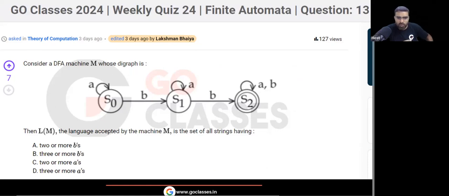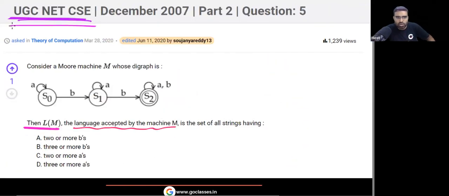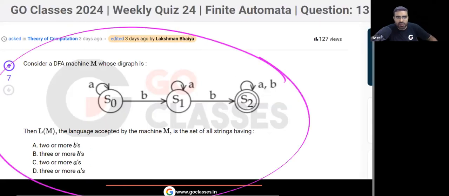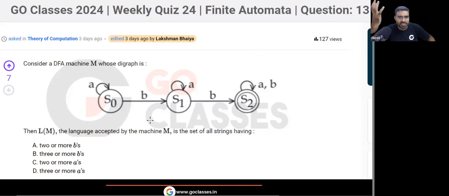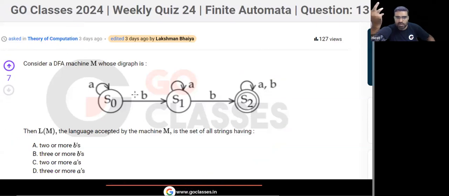The reason is simple, because I wanted you to try this question, because this question has come in the UGC NET exam. So this type of question can come in the exam, where you have to use your common sense. This type of question can come in the GATE exam also. Sometimes there will be some mistake in the question.